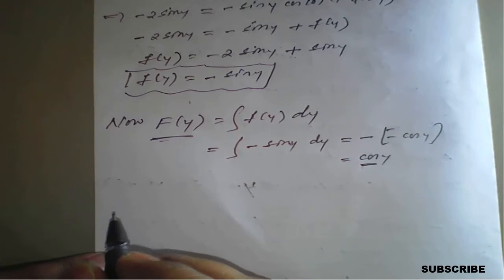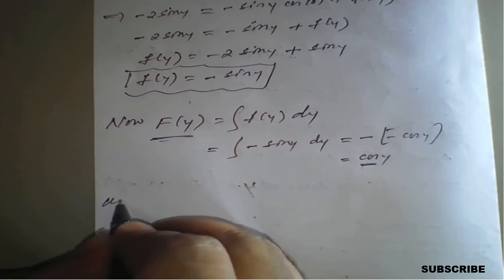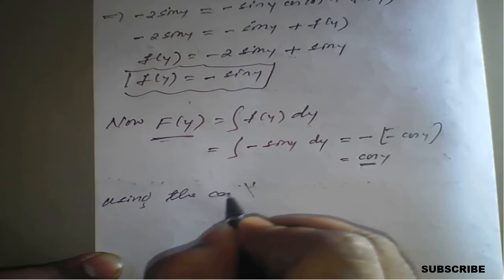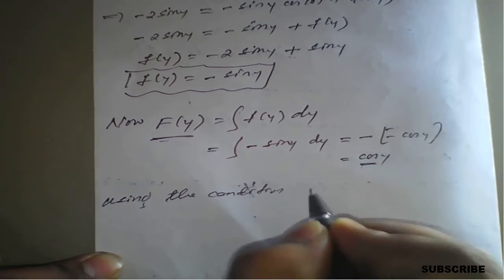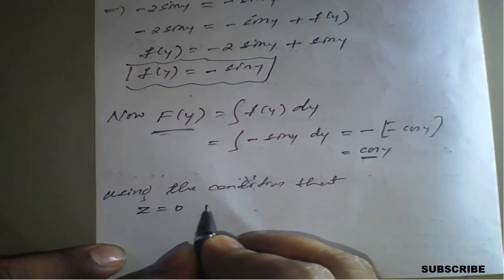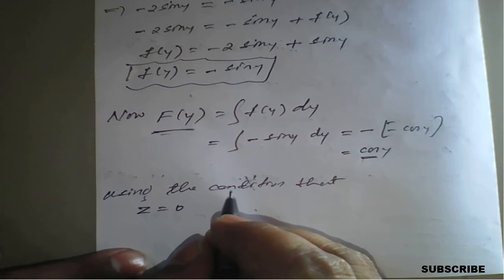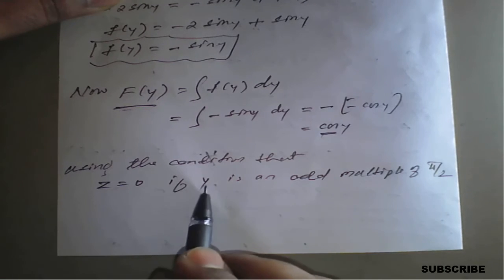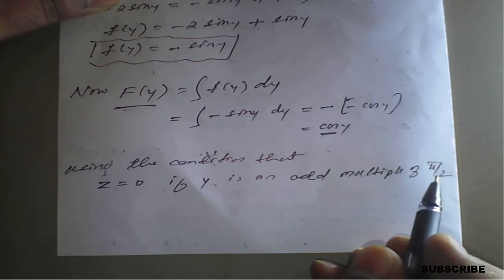Now similarly the second condition. What is the second condition here? Using the condition that z is equal to 0. The second condition they have given is z is equal to 0 if y is an odd multiple of pi by 2.